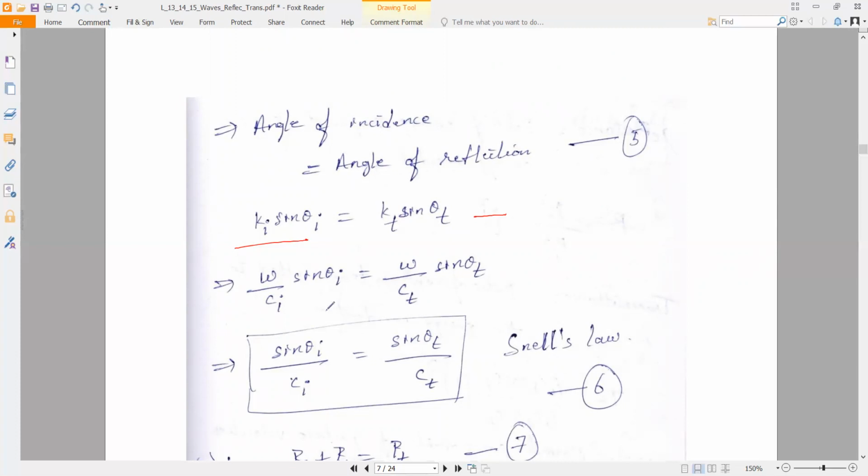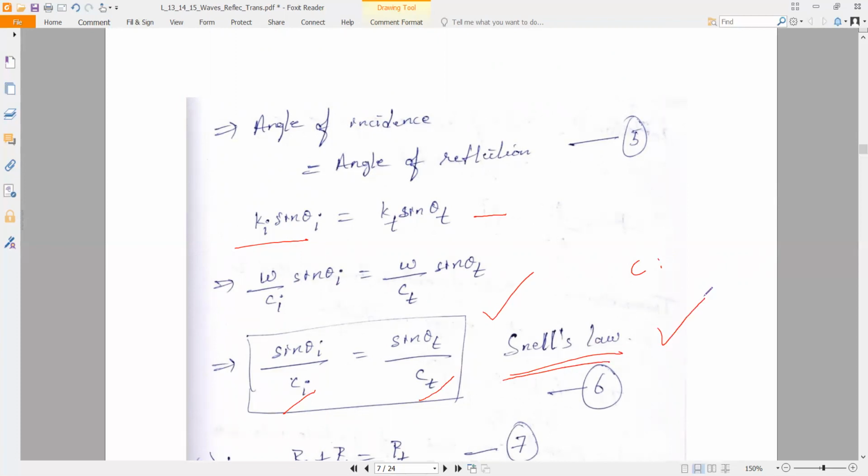And now omega is the same. So you will be led to this particular expression. Sin theta i by Ci is sin theta t by Ct, where C is the corresponding phase velocity. If it is an incident medium, we are calling it Ci, and Ct is the phase velocity in the transmitted medium. Now this particular expression is Snell's law.